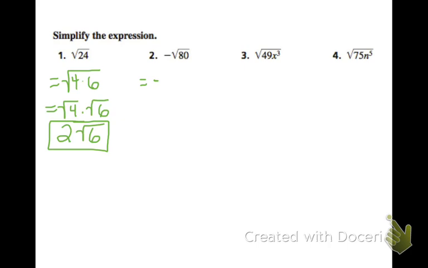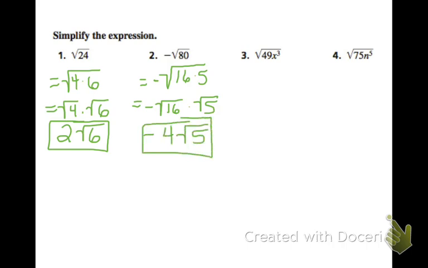And then it's 4 times 20, and 20 is also divisible by 4. So you try to look for the largest perfect square, and in this case it's 16. So I get 16 times 5. So I have a negative square root of 16 times the square root of 5. So negative 4 square root of 5 would be my simplest form.